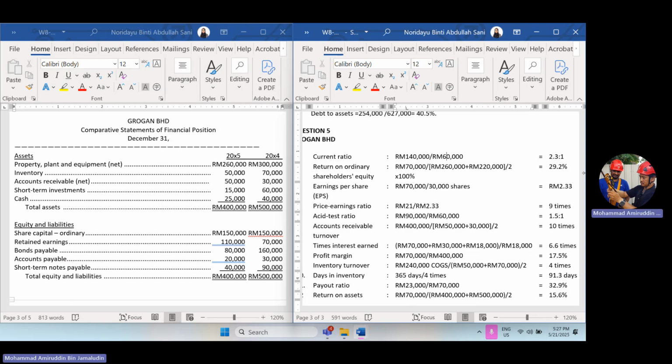So of course, the higher the better. If you have like 0.528, oh, I think they shut their business. Unhealthy.